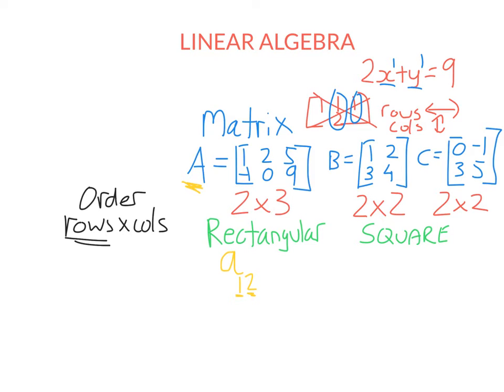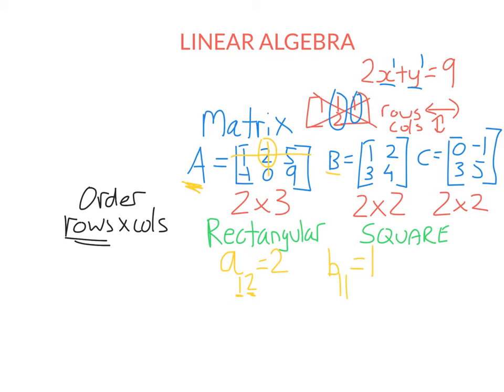We always write row first. So row 1 is this one, column 2 is this one, so we're talking about this element here. So a12 is equal to 2. If I wrote something like b11, that is the element in matrix B in row 1, column 1.